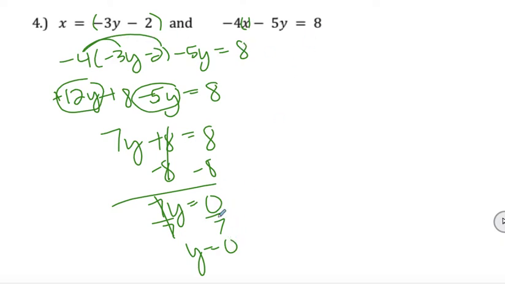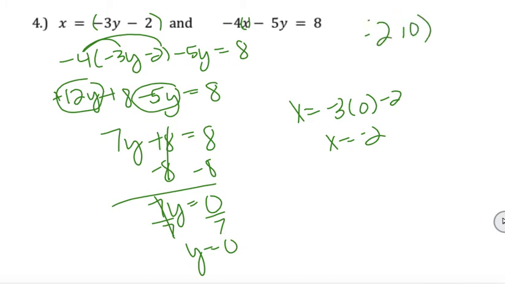So again, I take that and I plug it back in to my first equation here. x is going to equal negative 3 times 0 minus 2. Negative 3 times 0 is 0. 0 minus 2 is negative 2. So let's check and see what that looks like as an ordered pair. Negative 2, comma, 0.